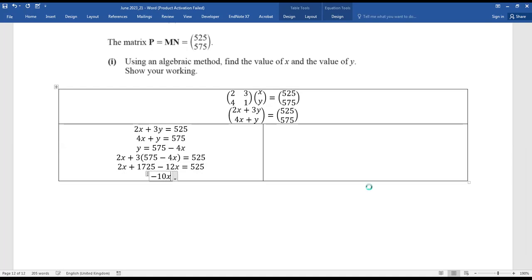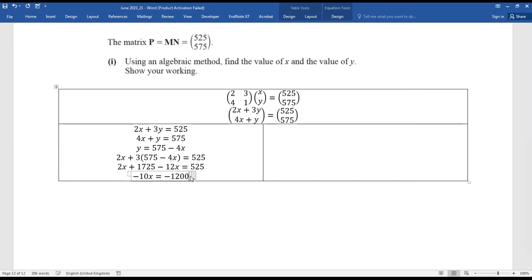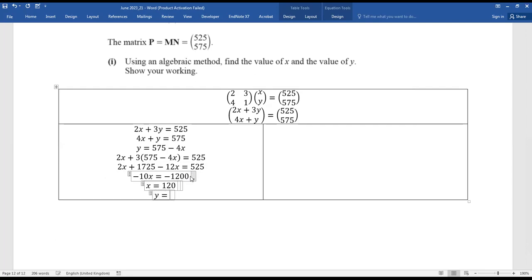So minus 10x is equal to 525 minus 1725, which is minus 1200. So x is equal to 120, and then y could be found, 575 minus 4 times 120.